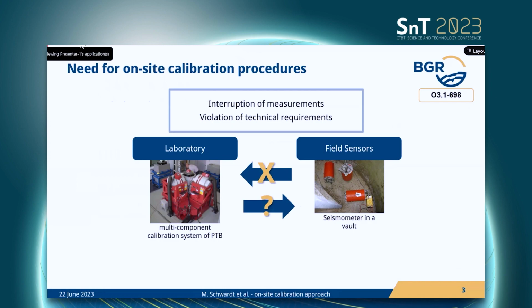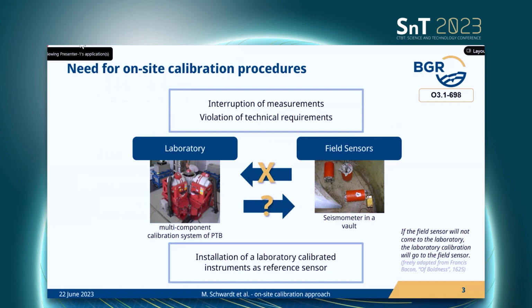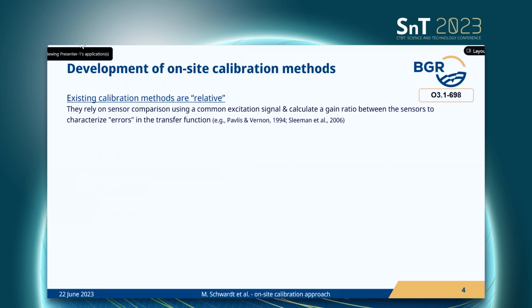This is very important because in that way, if all stations are traceably calibrated, they can be compared. So we have to install a reference from the laboratory at our field station and use a suitable method for it.